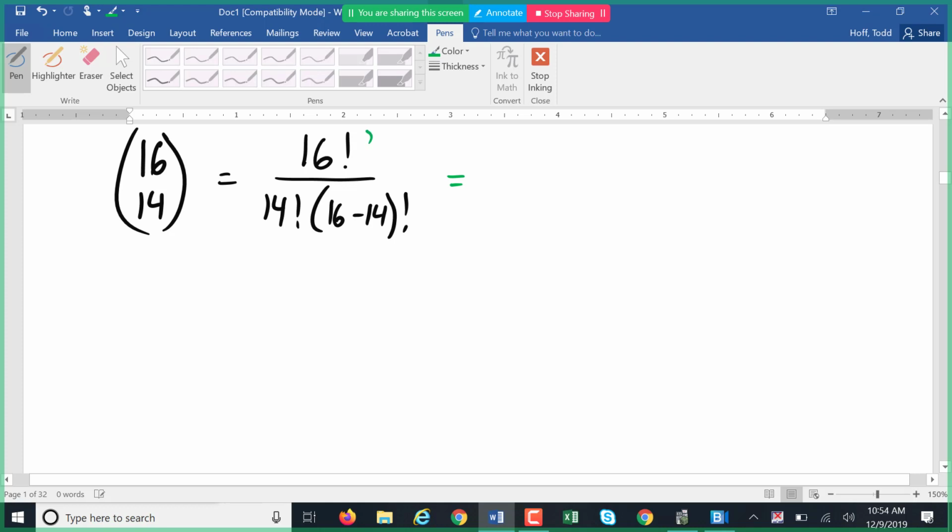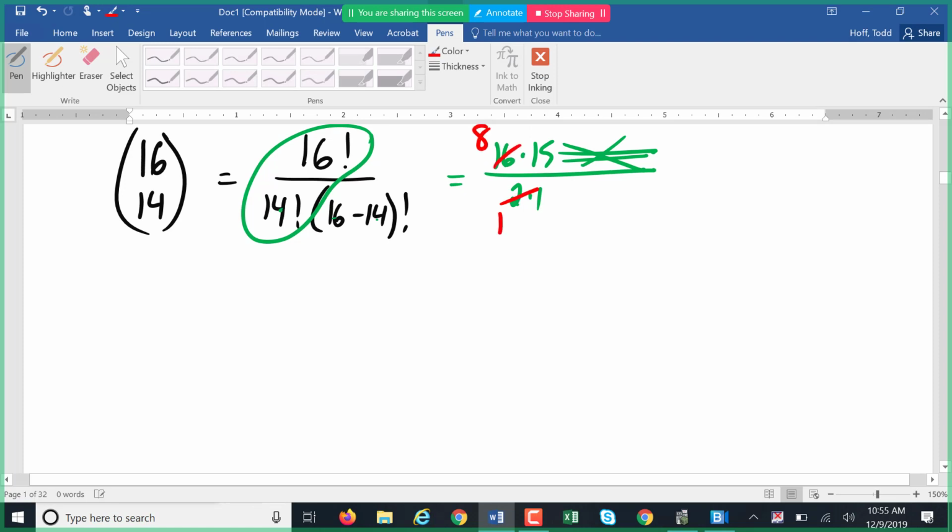Well, I'm just going to start right out with the 16 and the 14, knowing that that 14 factorial cancels out everything from 14 down. So that's 16 times 15. 16 minus 14 is 2, so that's 2 factorial, which is 2 times 1. Now I can cross cancel the 2 and the 16, giving me 1 and 8. 8 times 15 is 120.